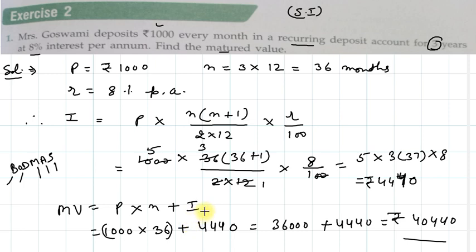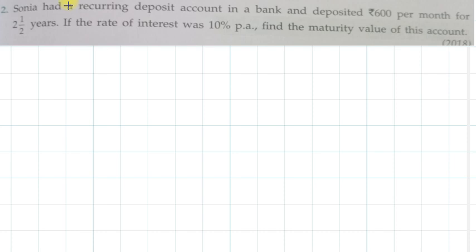So this was question number first. Let us move to the next question. Sonia had a recurring deposit account in a bank and deposited rupees 600 per month for 2.5 years.